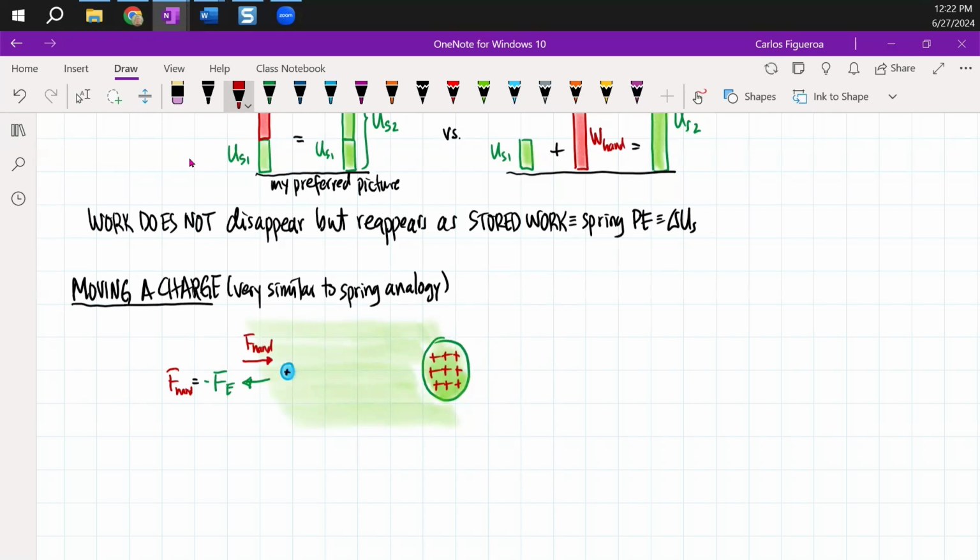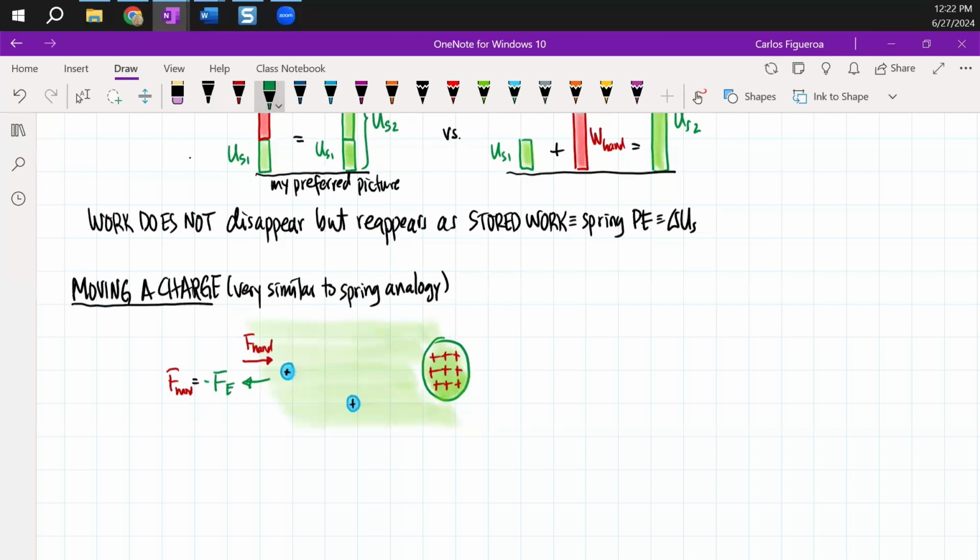Again, this is work done by a non-electrical source, but the fact is that it is still work being done.